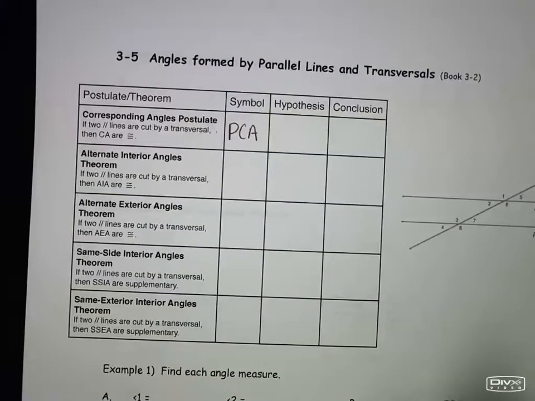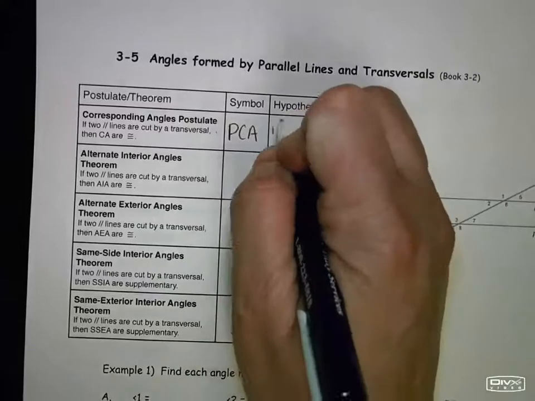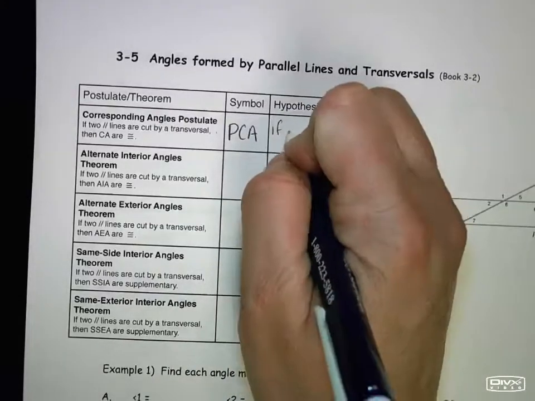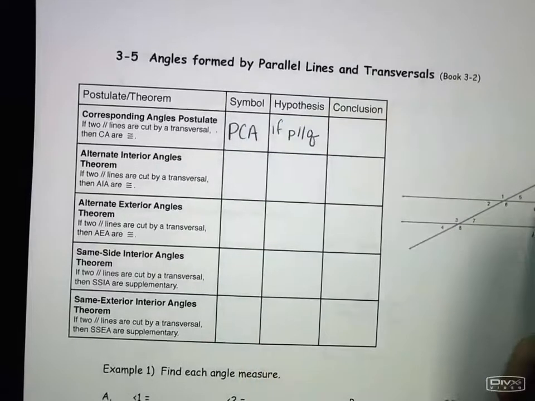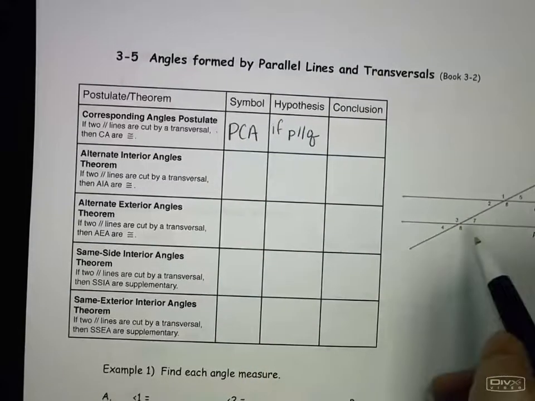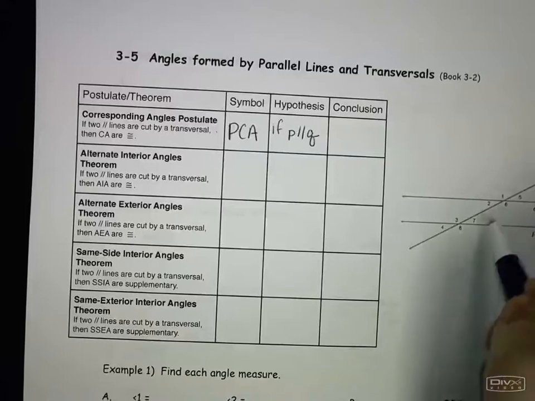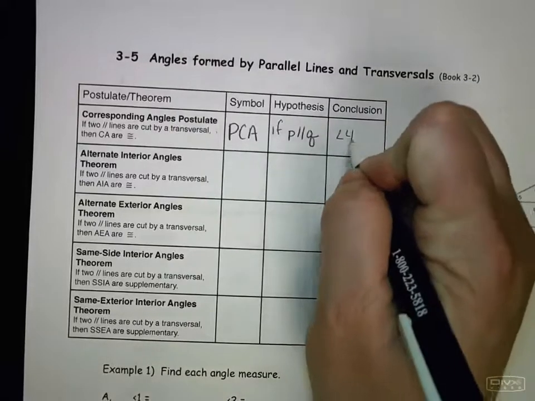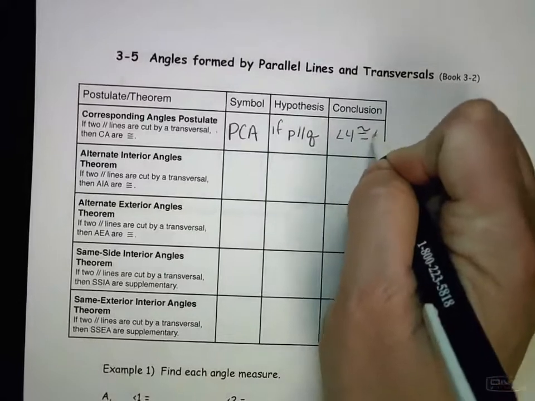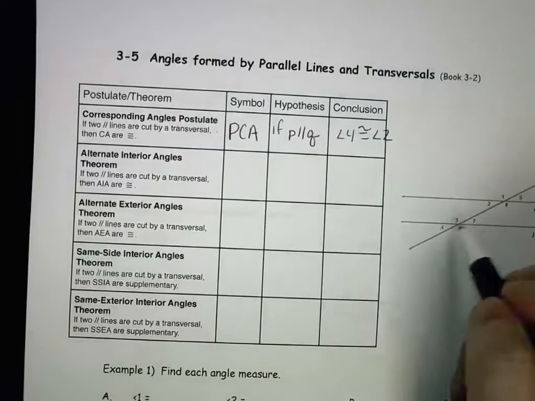And we call it PCA because we start out with parallel lines, and then we can say the corresponding angles are congruent. So our hypothesis is if P is parallel to Q, if these two lines are parallel, corresponding angles are congruent, and I'm going to say angle 4 is congruent to angle 2.